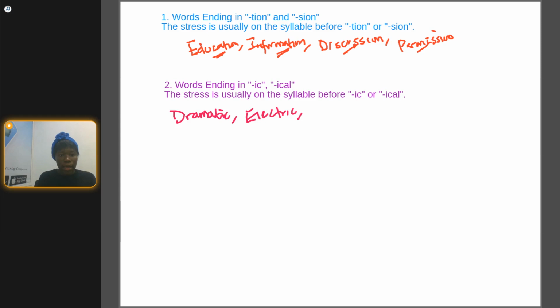Electric. Words like geographical. Okay, all right. So when you have words ending with IC, like dramatic and electric, the stress syllable in dramatic is the syllable before IC, which is mat.